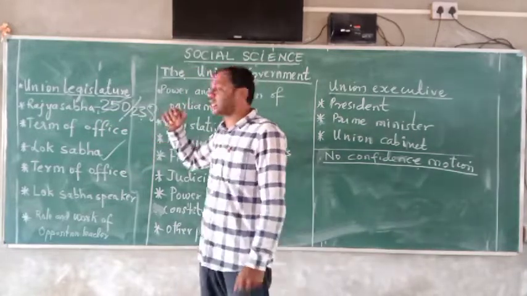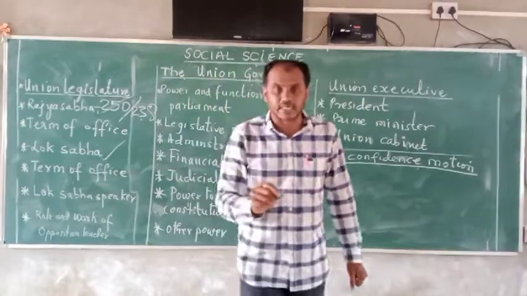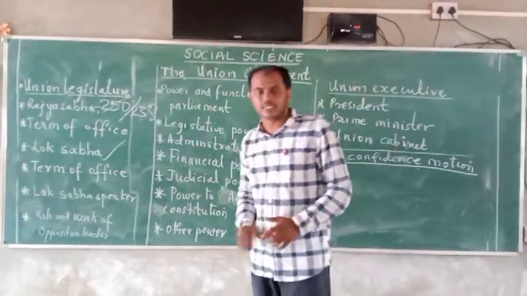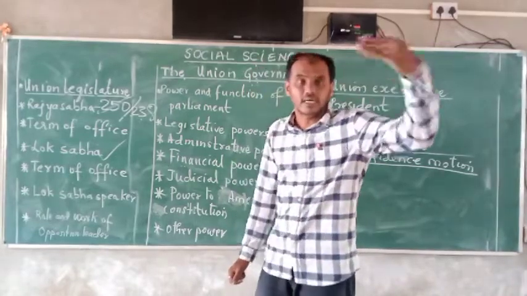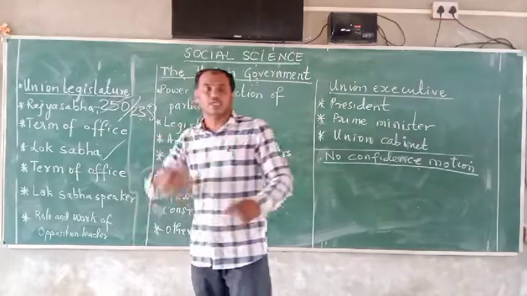Of those 250 seats, 238 members are elected by the members of the state assemblies and the union territories. So there will be a question: in 250, 238 are elected, where are the other 12?